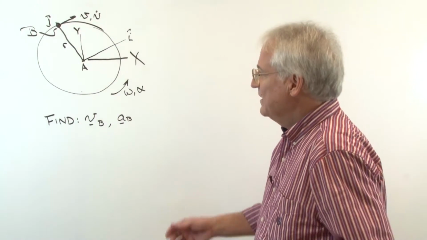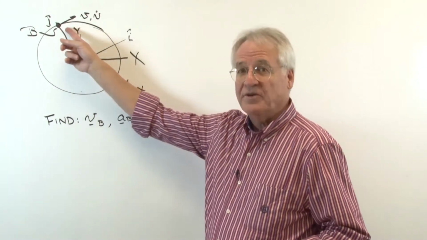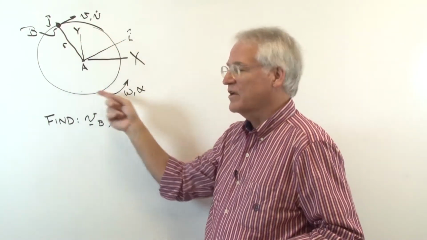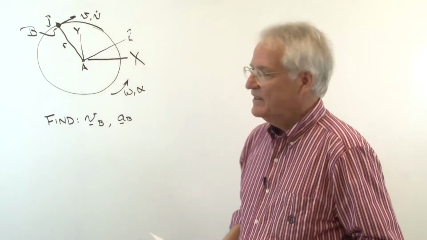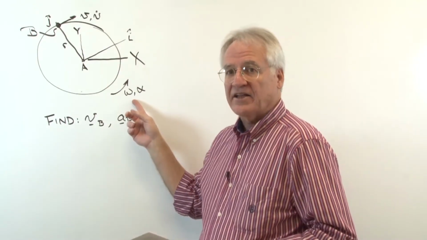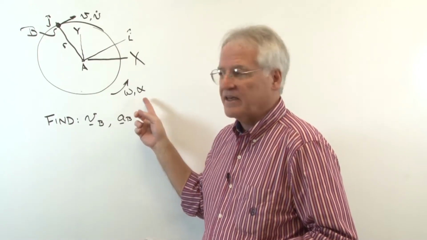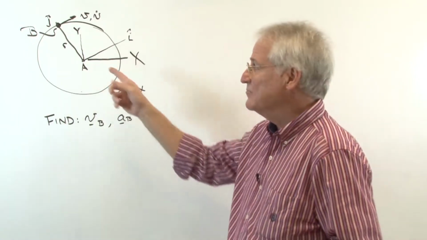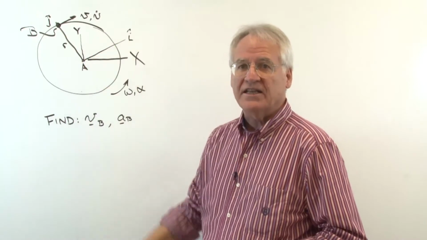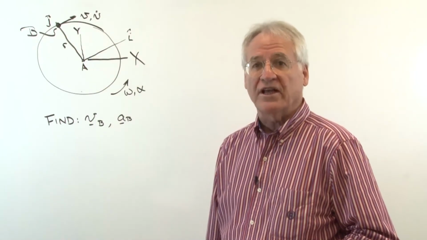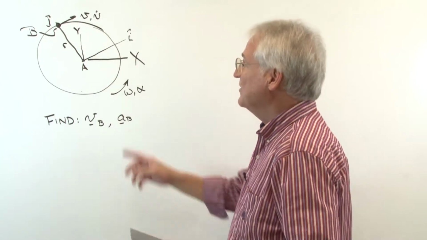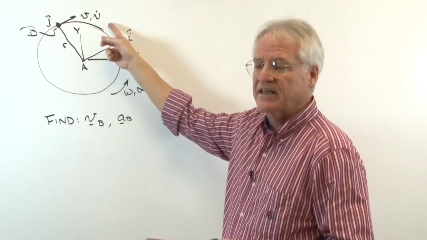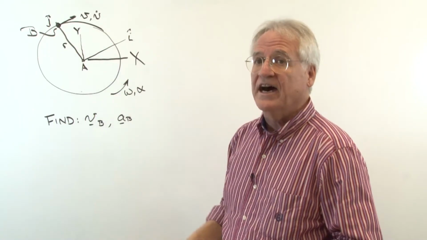Watch this. In this next problem, a hamster at point B is running on a circular track. The track has an angular velocity of omega and an angular acceleration of alpha. The hamster is moving with a velocity v measured relative to the track, and this v is increasing at a rate v dot.